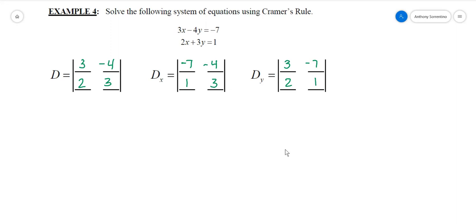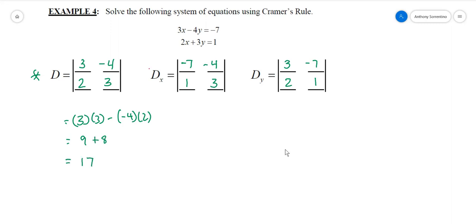So these are the three determinants I need to find in order for me to figure out what the final answer is. It's a 2x2 situation, so you don't have to worry about cofactors and minors. D is just going to be 3 times 3 minus -4 times 2, or 9 minus a -8, so that's going to be +8, that's going to be 17.